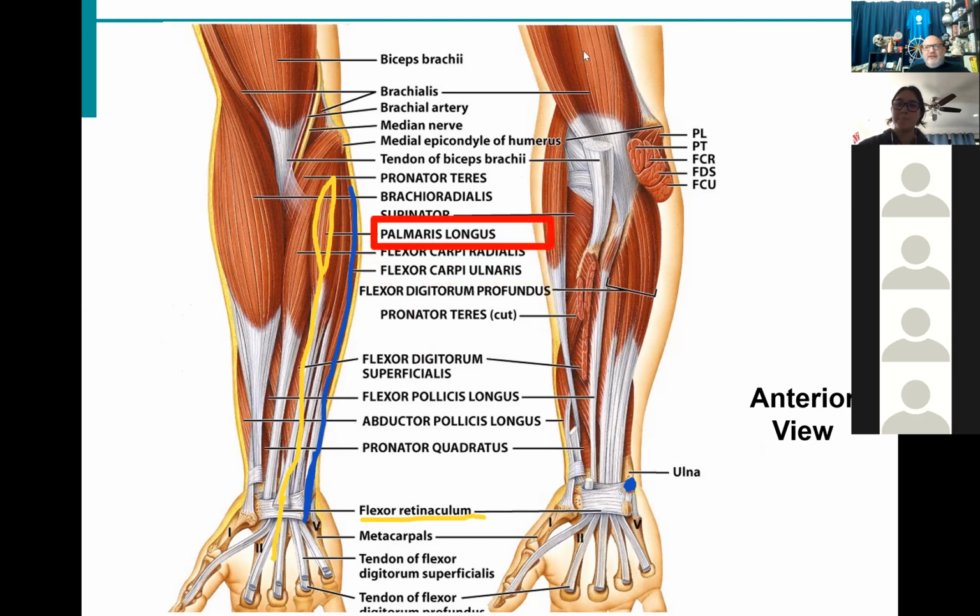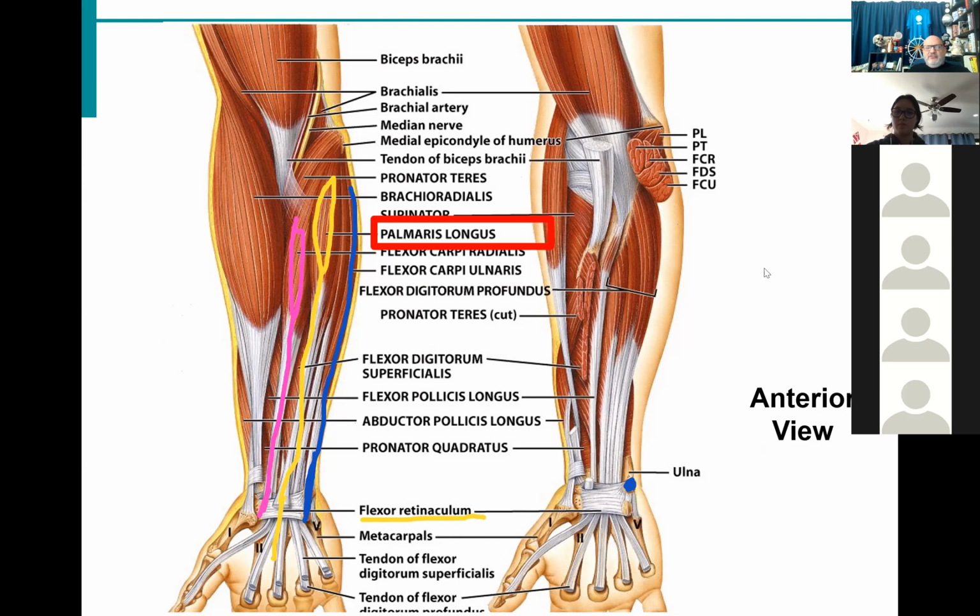Palmaris longus. Notice right next to the palmaris longus is a muscle that starts more on the medial aspect of the hand, but notice we don't care where the belly is, we care where the tendon goes. And this tendon goes in front of the thumb side of the hand.